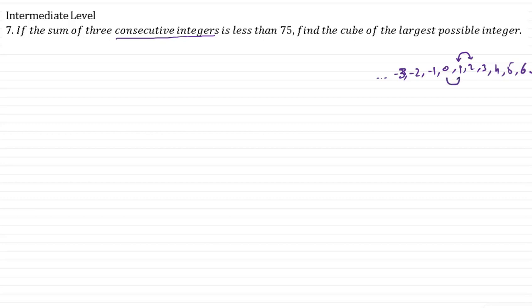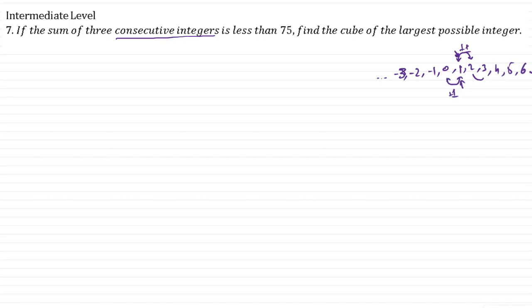0 and 1 are also consecutive. Consecutive means if we add 1 to an integer, then it becomes the next consecutive integer. Suppose we add 1 to 0, then it will become 1. If we add 1 to this 1, it will become 2.